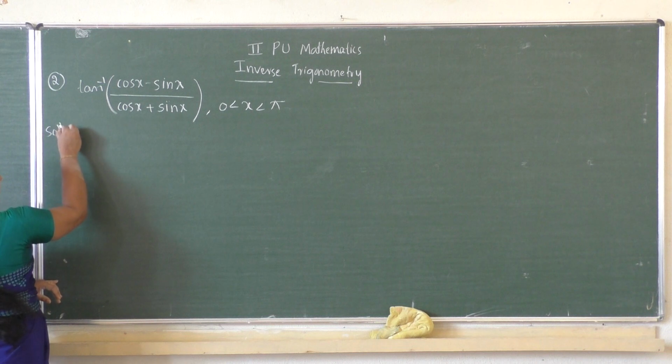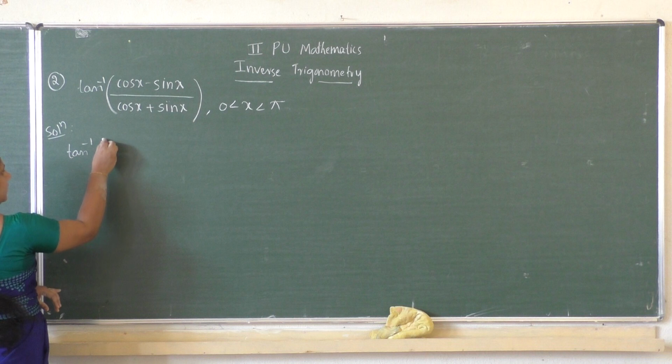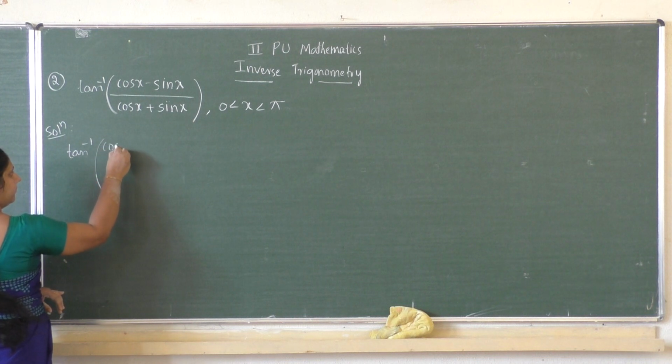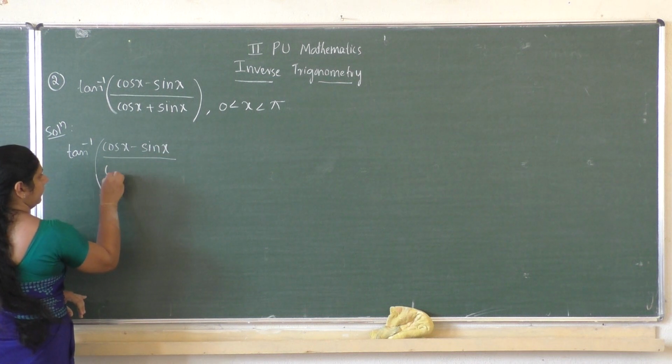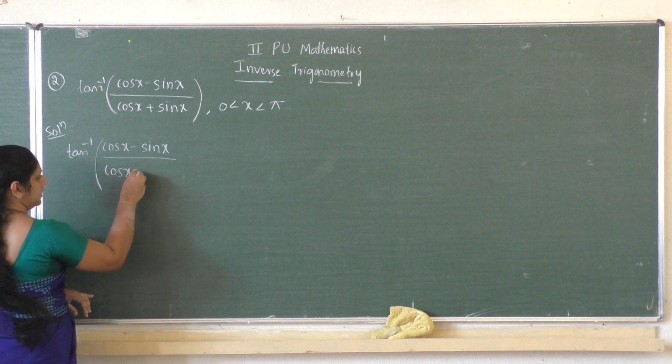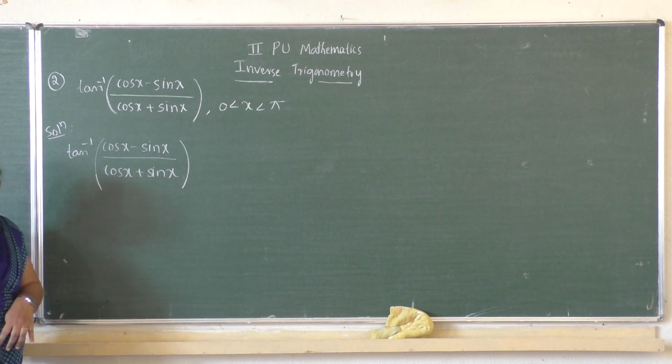So I will consider the given term as it is. Consider tan inverse of (cos x minus sin x) by (cos x plus sin x).